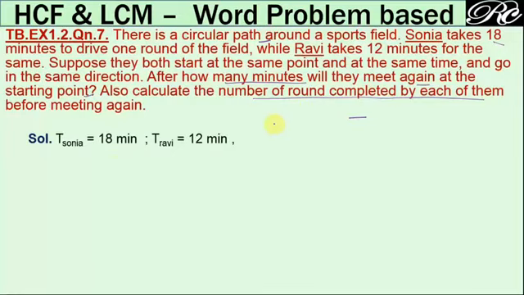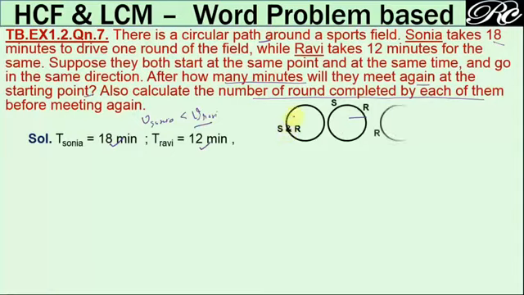Here we are observing that the time taken by Sonia is 18 minutes while by Ravi is 12 minutes. Means the time taken to complete one round by Ravi is smaller than by Sonia. So the speed of Sonia is lesser than the speed of Ravi, meaning Ravi is moving faster. After starting from the common point, Ravi will go ahead while Sonia will be just behind.